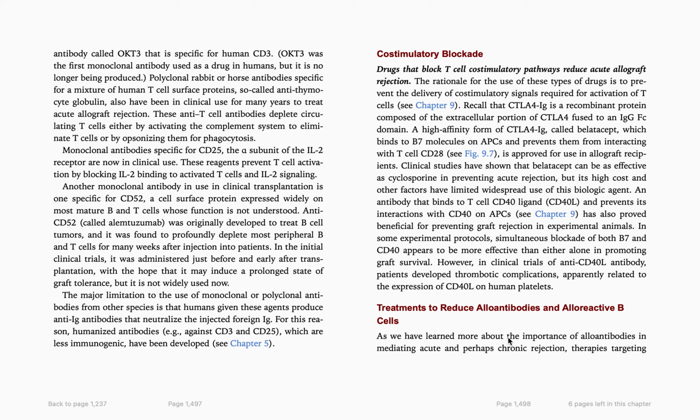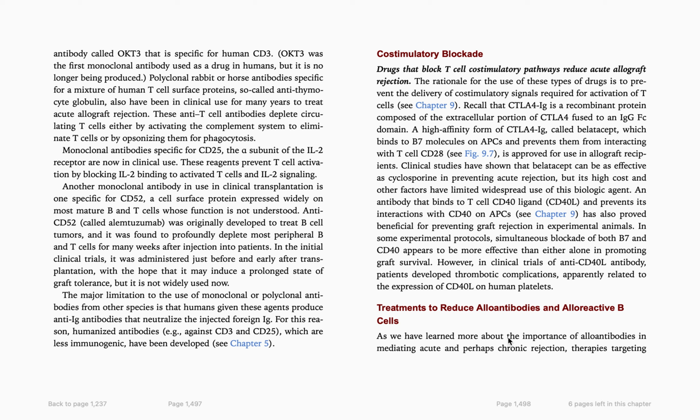Costimulatory blockade. Drugs that block T cell costimulatory pathways reduce acute allograft rejection. The rationale for use of these types of drugs is to prevent delivery of the costimulatory signal required for activation of T cells. Recall that CTLA-4 Ig is a recombinant protein composed of the extracellular portion of CTLA-4 fused to an IgG Fc domain.